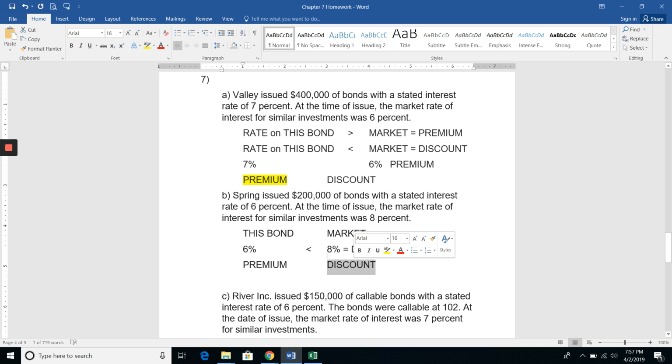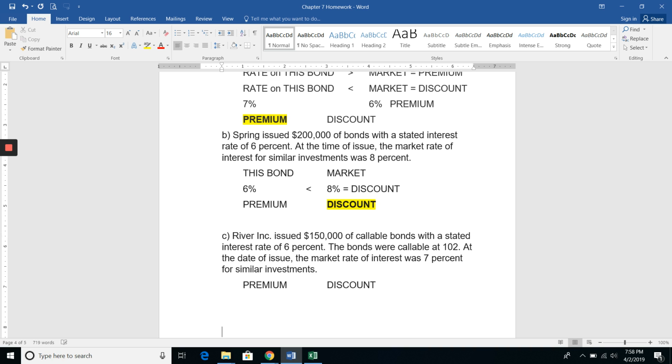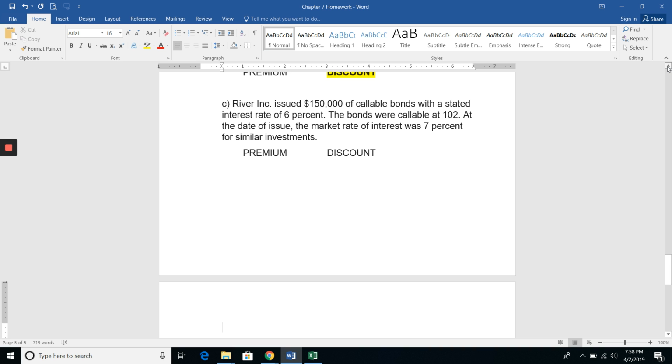So we're going to have to offer this bond to the public at a discount to try and get them enticed to buy this particular bond at this time. They can go out and buy a similar bond and get paid 8%. So in order to make up for this interest rate difference, we're going to sell it at a discount. Try and do like a fire sale. Try and increase the demand because the interest rate is such that otherwise people wouldn't be interested in our bond.